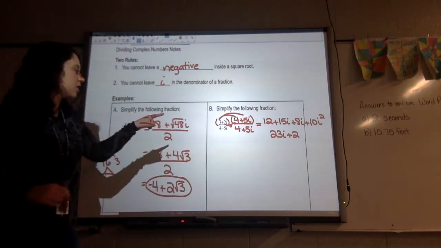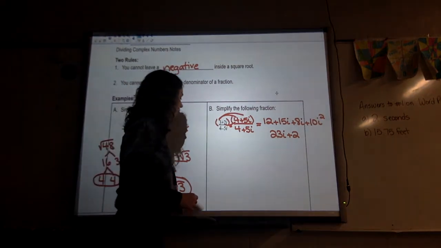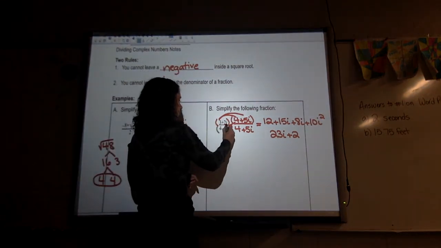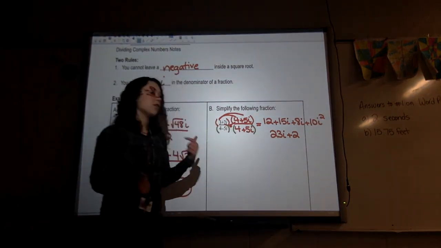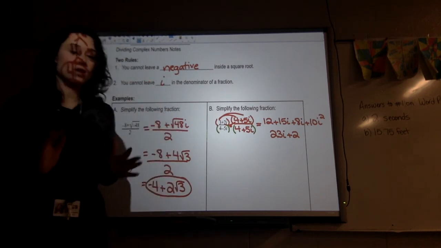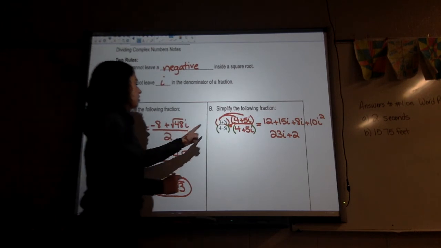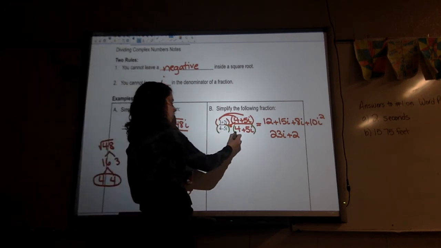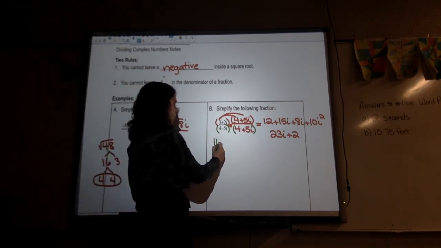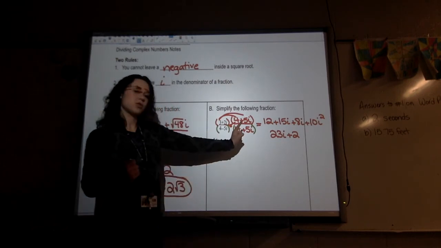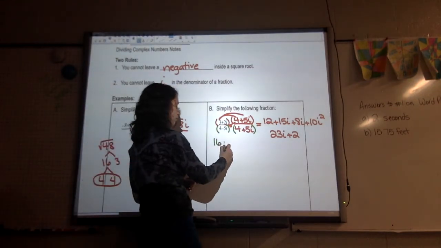Okay. Now let's go back and take a look at the bottom, multiply that out. And in the back of my mind, I'm thinking, okay, if I've done this correctly, my i's should all cancel out. So I distribute the bottom. 4 times 4 is 16. 4 times 5i is 20i.